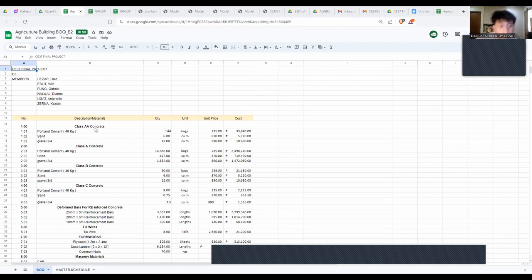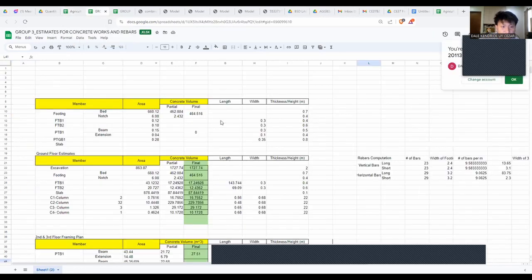We have class A, class double A, class A, class B, and class C. To get that, as you can see here, I itemized it in Excel to get the total volume of each.